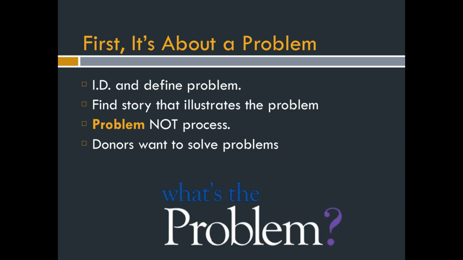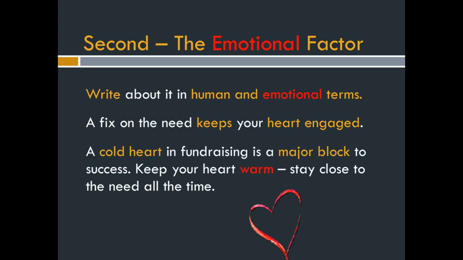And with that, next comes talking about that problem in an emotional way. That's another huge barrier we often see nonprofits trying to skirt over. We don't want to talk about it in an emotional way that will take the donor and break their heart. So when you're crafting an offer, we need to write about it in human and emotional terms, and then fix on the need that keeps the heart engaged.